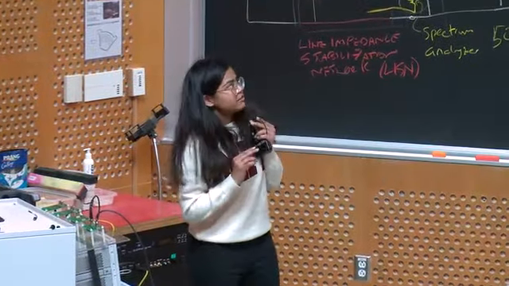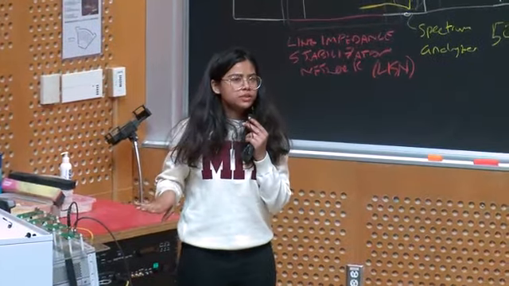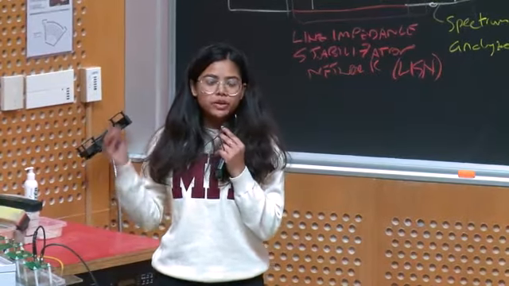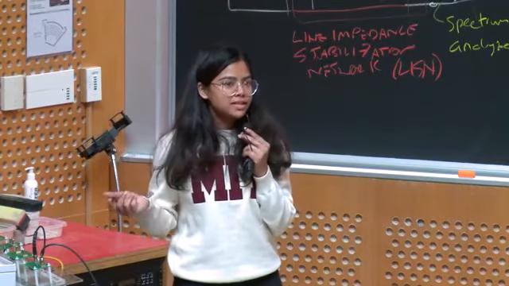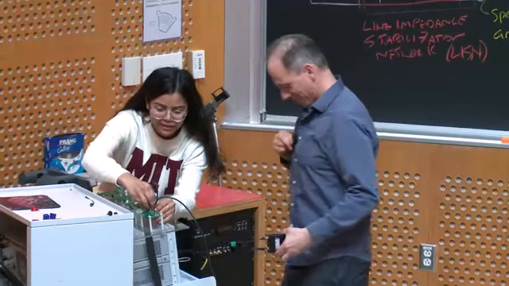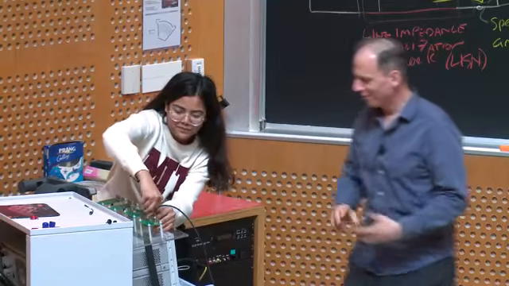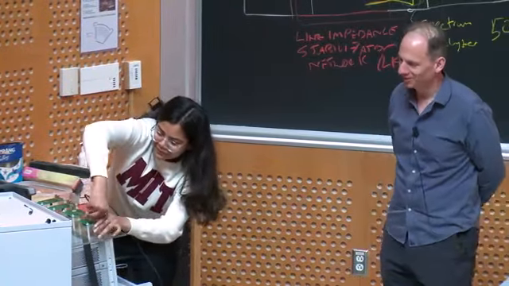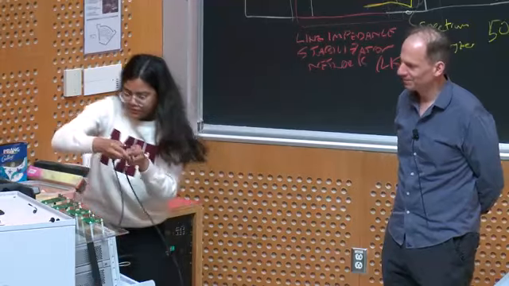So, like Dave mentioned, we have 4 different filters with 4 different layout strategies. In some of them, we are being careful about both the parasitic inductance and capacitance. In some of them, only one. Okay. So I'll let Rafa do the testing while I do the explaining. Okay. So we have 4 filters.